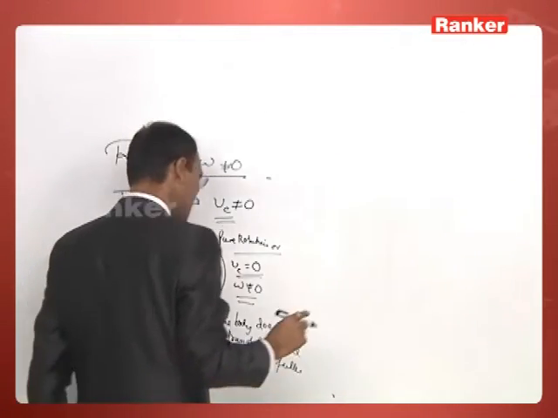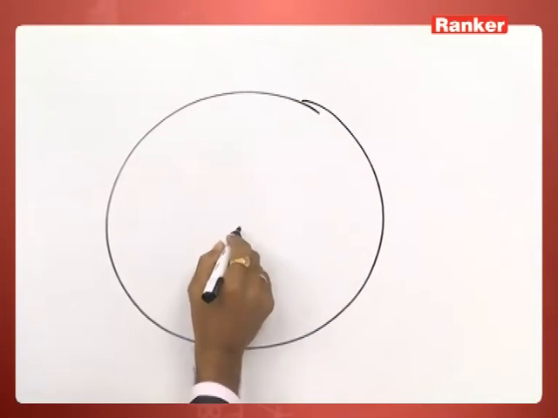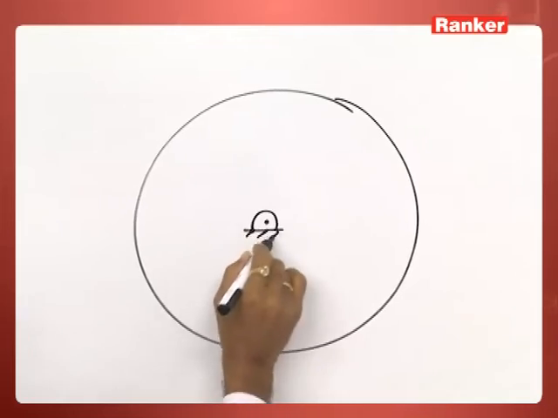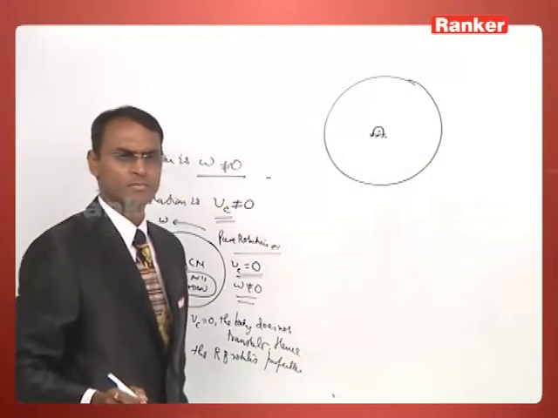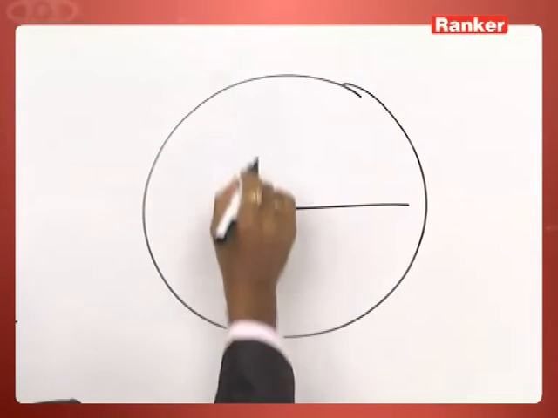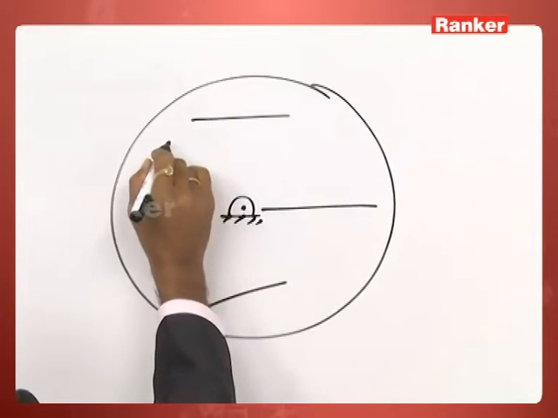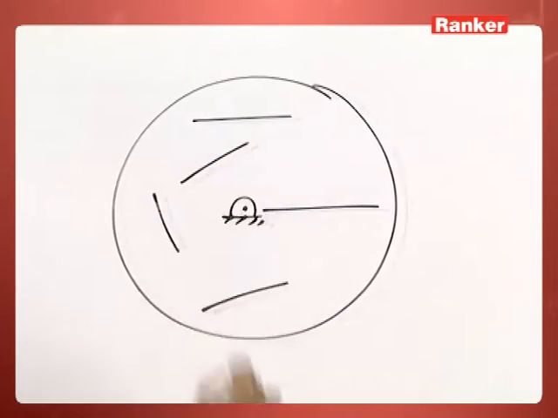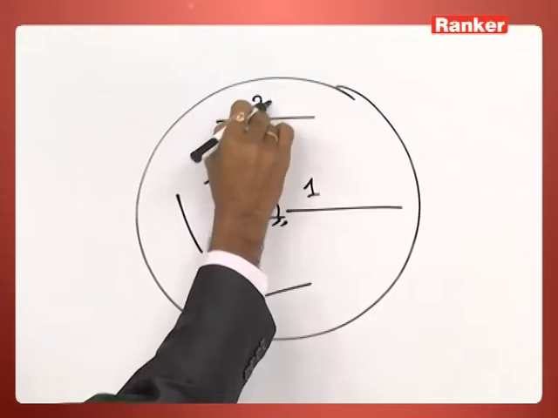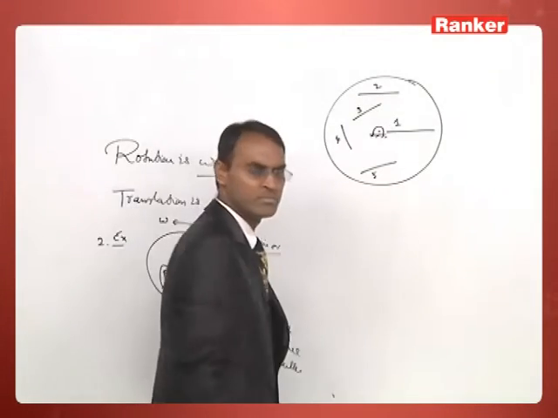In pure rotation, let me ask a basic question. I take this radial line, I take some arbitrary lines, line 1, line 2, line 3, line 4, line 5.